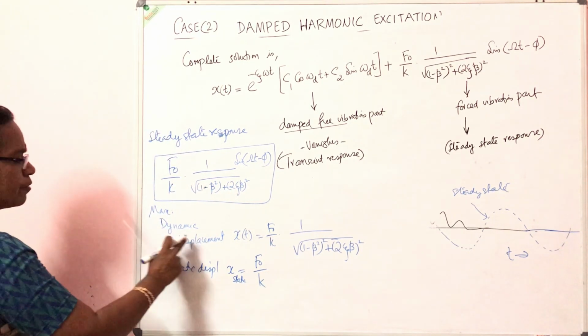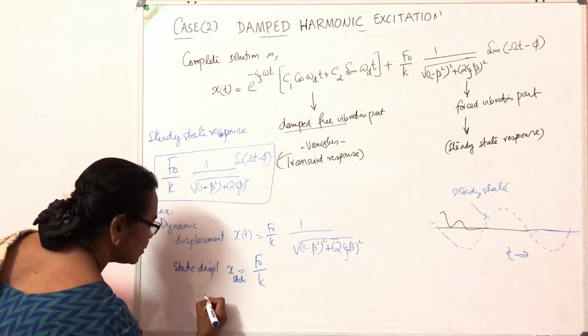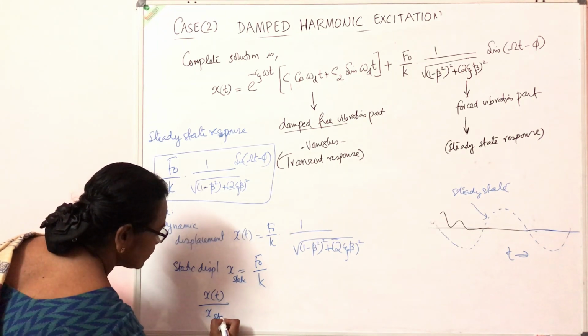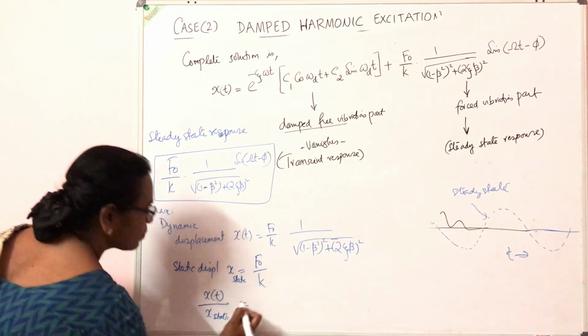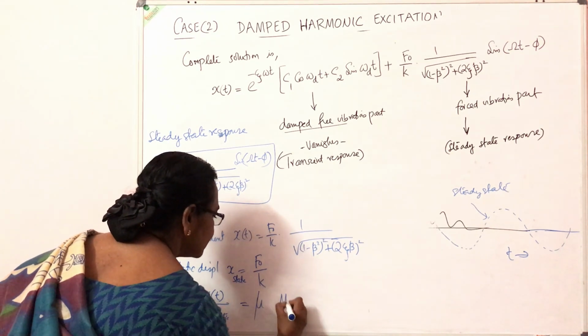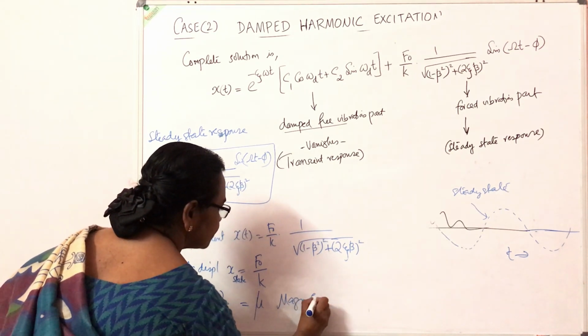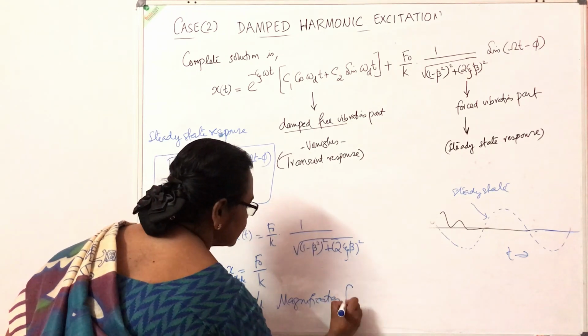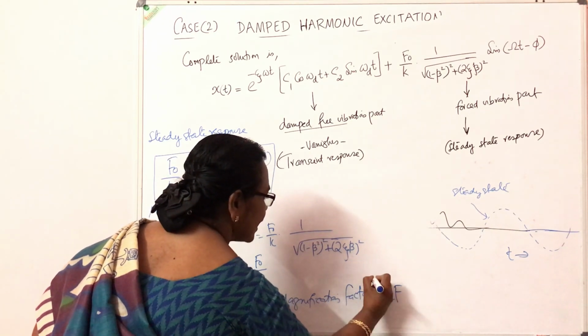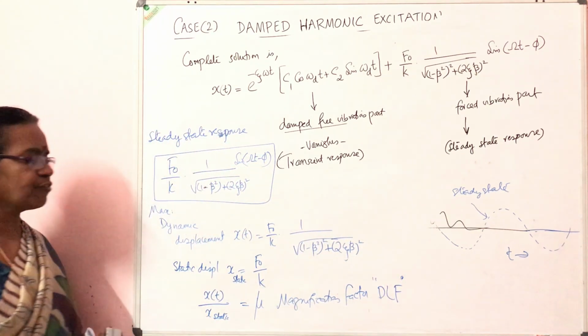So the ratio of dynamic displacement to the static displacement is called the magnification factor, or we call it the dynamic load factor.